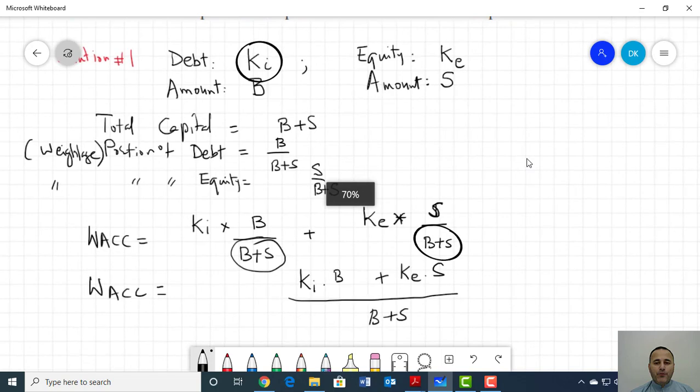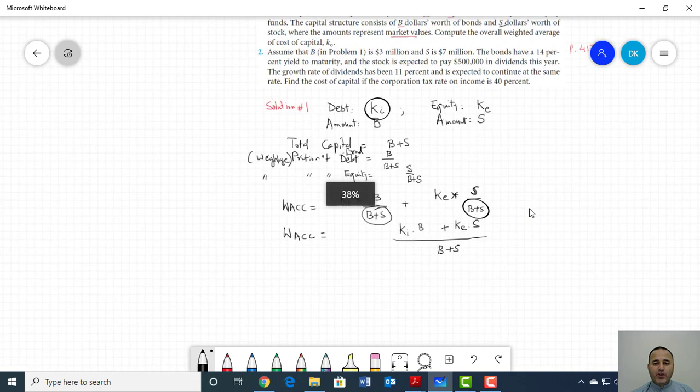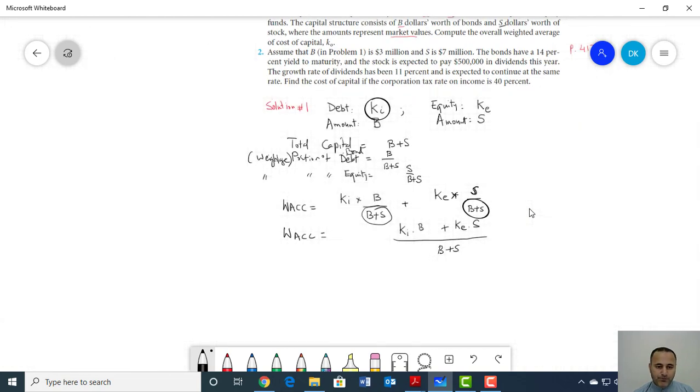Now question number 2. What it says is assume that B in problem 1, which is bonds, the debt part, is 3 million. So, solution number 2.